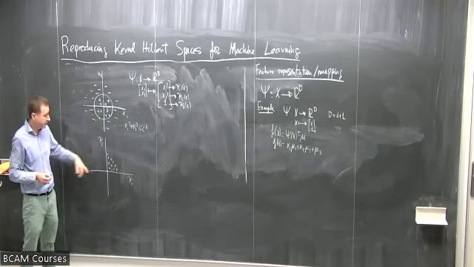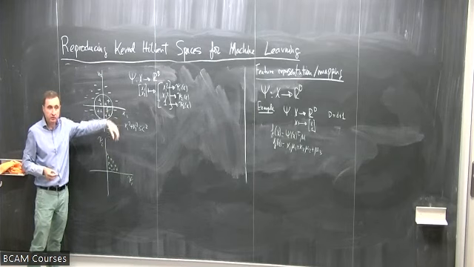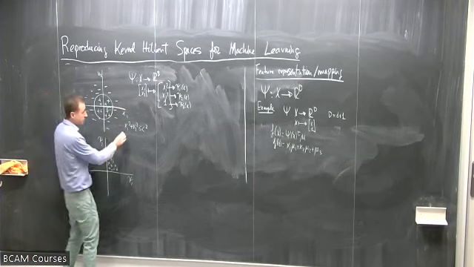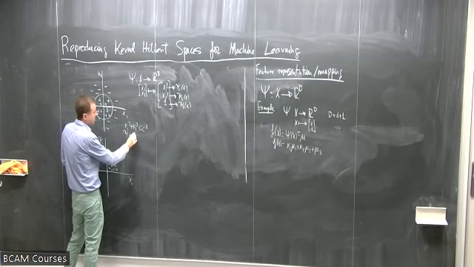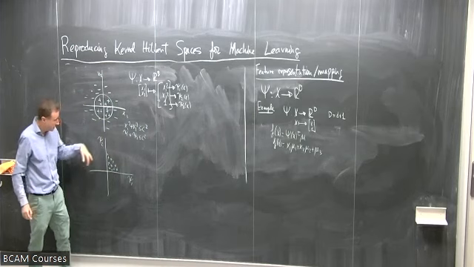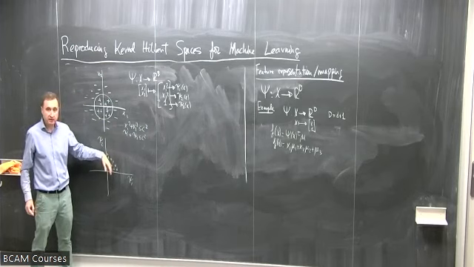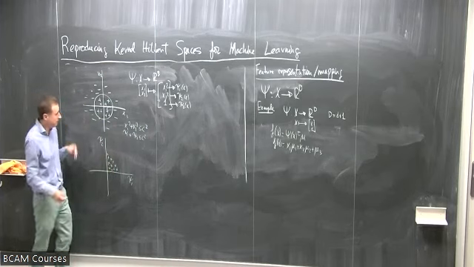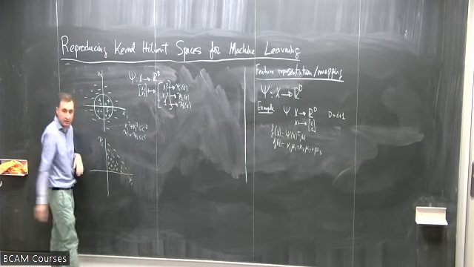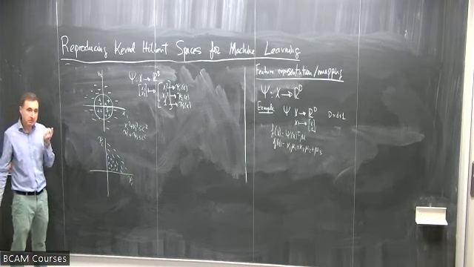They cannot be negative because we are doing squares. So all the pluses are going to be in this triangle, and all the minuses outside.